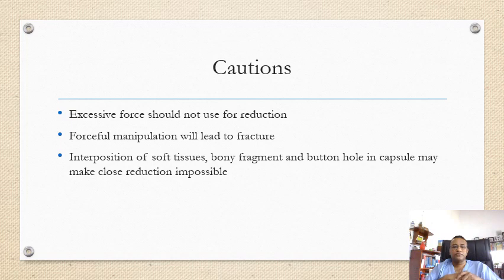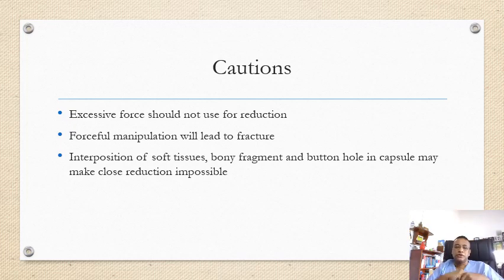Forceful manipulation will lead to damage to the capsule as well as fractures. So once you try twice and it is not reducible, you have to rethink and revisit. There might be some reason why you are failing with closed reduction. Maybe some soft tissues or bony fragments are interposed in the joint. There may be a damaged joint capsule.